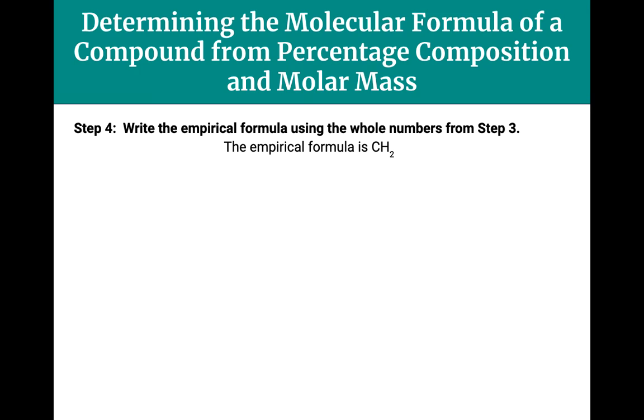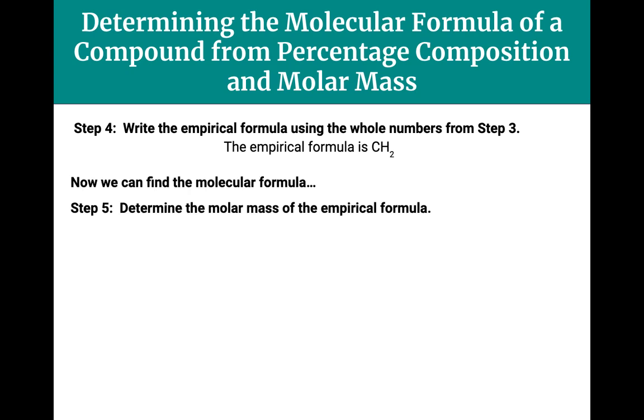Now that we have the empirical formula, we can determine the molecular formula using molar masses. So we're going to find the molar mass of the empirical formula, and it happens to be 14.03 grams per mole, 1 carbon and 2 hydrogens.